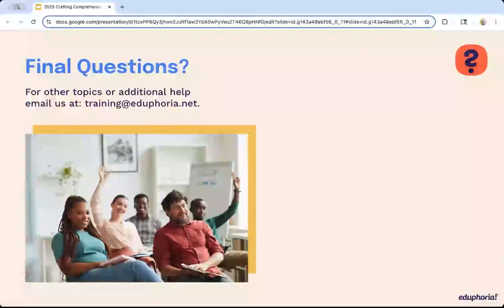They do such a great job of being a support system for our TIA districts. And hopefully this is just one more piece of that puzzle to support you. And so reaching out to the Eduphoria team or myself and my team at Region 10, we can absolutely get you pointed in the right direction.